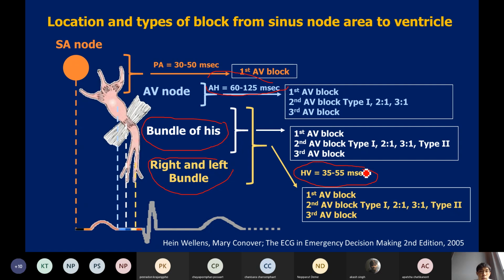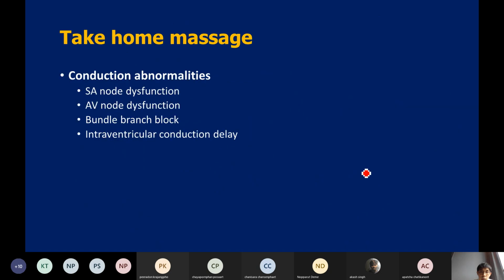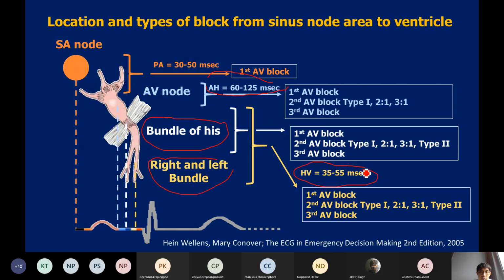We could measure this by putting catheters into the heart, in what we call the EGM, the electrophysiologic study. You put a catheter into the atrium area, the His area, and the ventricle, and you measure it on the EGM.